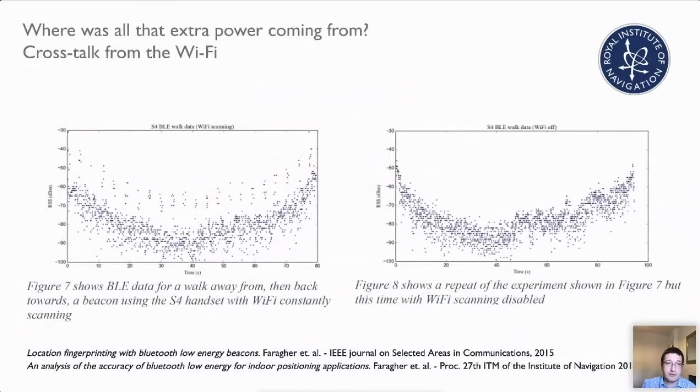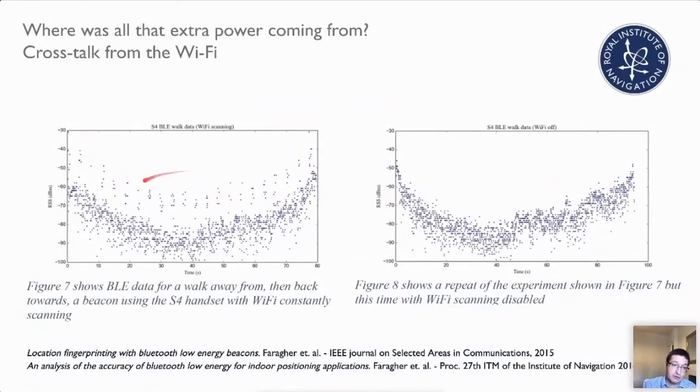So in effect, when your Wi-Fi is screaming out some email, or you're watching YouTube on your phone at the same time as trying to do contact tracing, you can inject power from your own Wi-Fi transmission back into your own Bluetooth signal strength reading. And so turning off the Wi-Fi on the phone removes these spuriously high incorrect values.